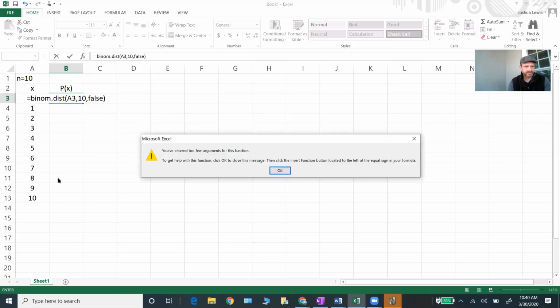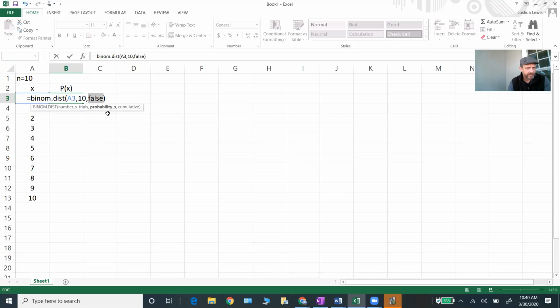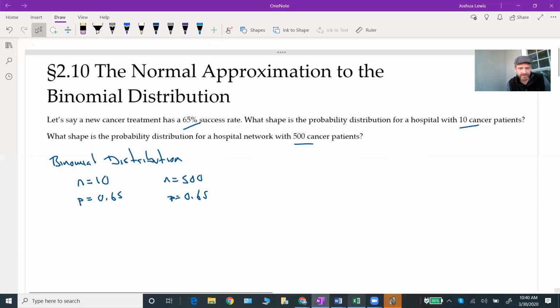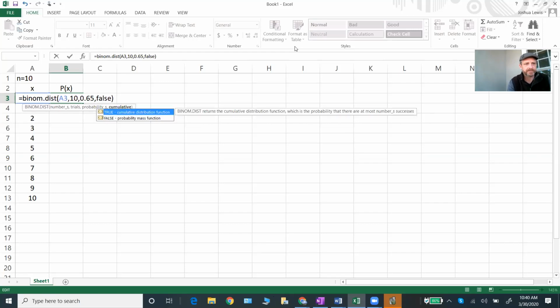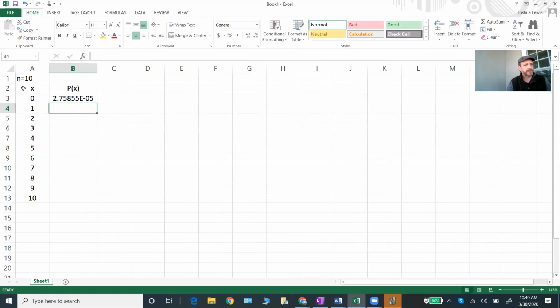Too few arguments. Oh, probability of success, that might be helpful. What was my probability of success? 0.65, and then false. Okay, and so there's the probability of 0 successes.